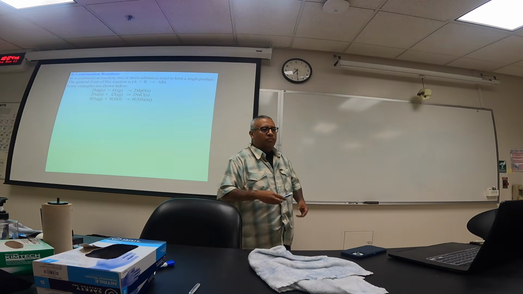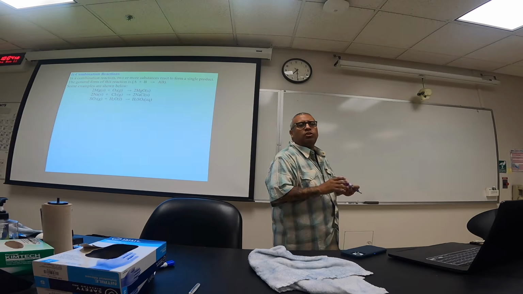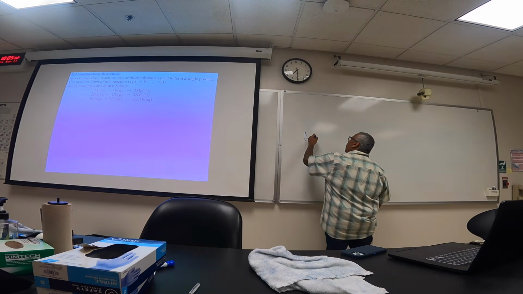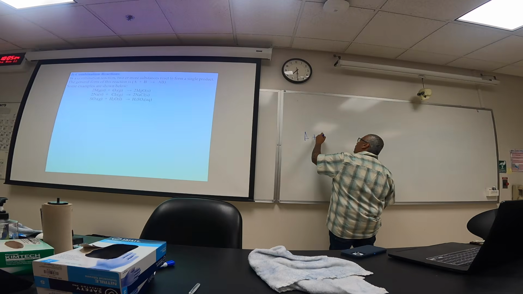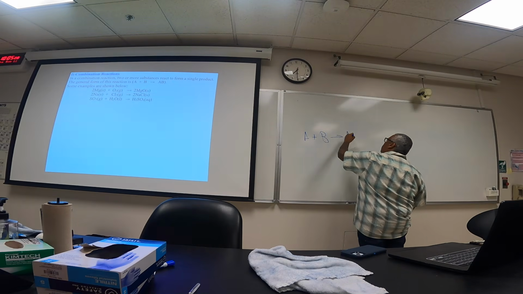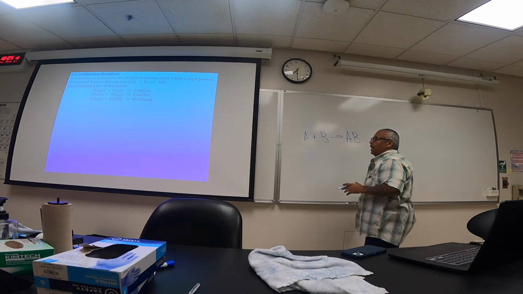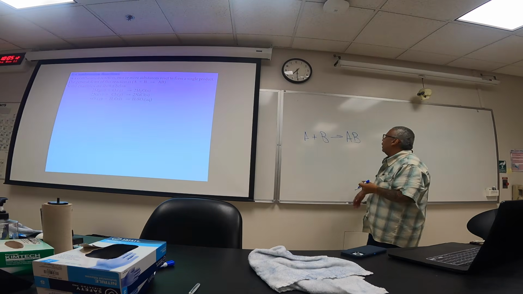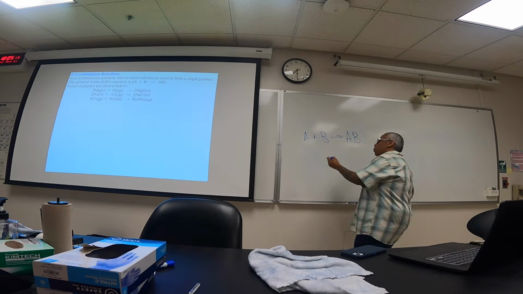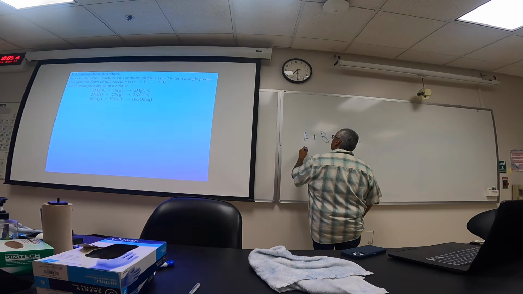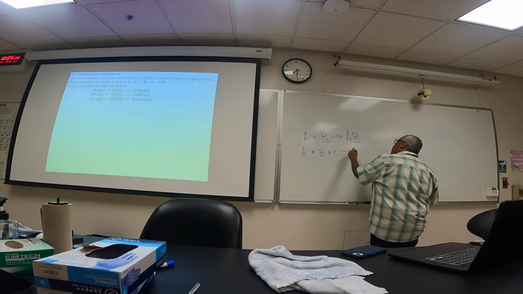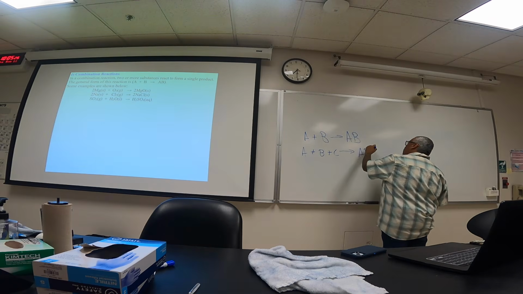And then we see just a general formula. This isn't written in stone, but it is just a general formula. Compound A plus compound B, and we're going to get compound AB. So we can consider this to be a combination reaction. We could also do this, A plus B plus C, and we're going to get ABC.